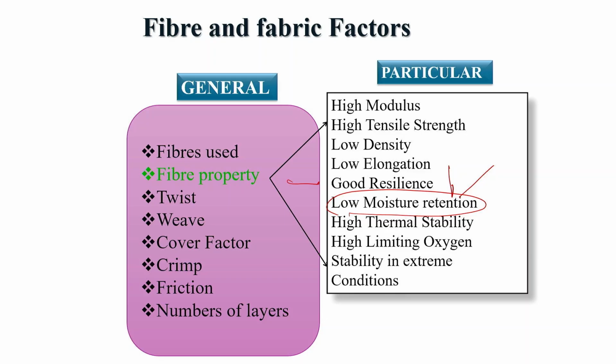So, the overall mass will increase, that is one aspect, but also if any textile material absorbs moisture, except cotton, most textile materials' tensile strength reduces. That is why the materials should have low moisture retention or moisture absorption characteristics.